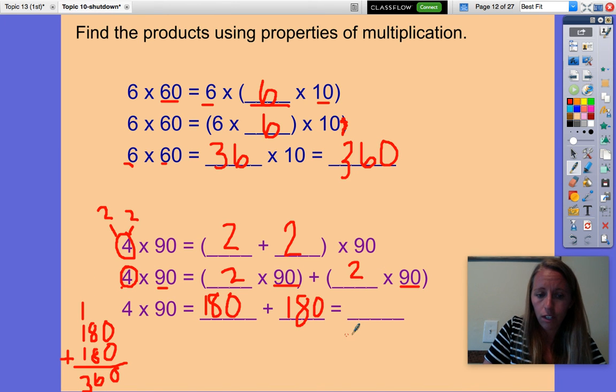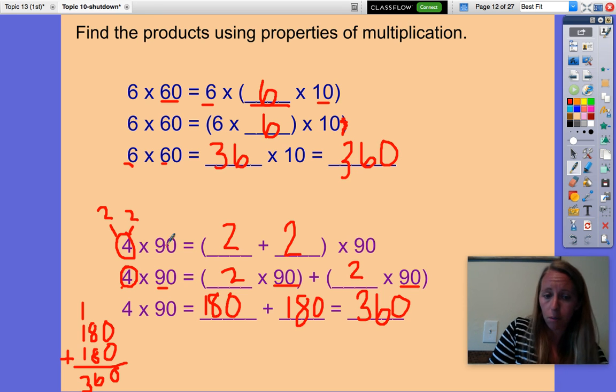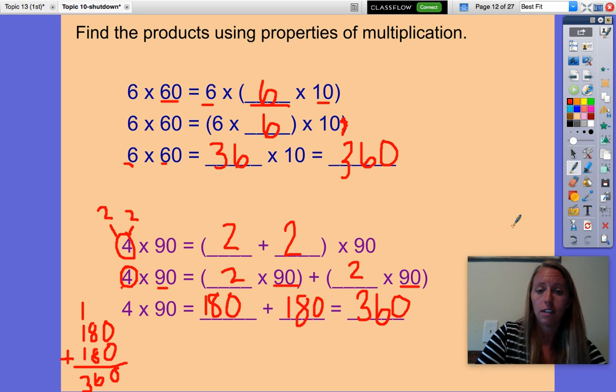We have 3. Our answer is 360. So we solved 4 times 90 by using the distributive property and breaking one of the factors apart. And we got 360. Okay. So now what I want you to do is head into Pearson and try this out on your own.